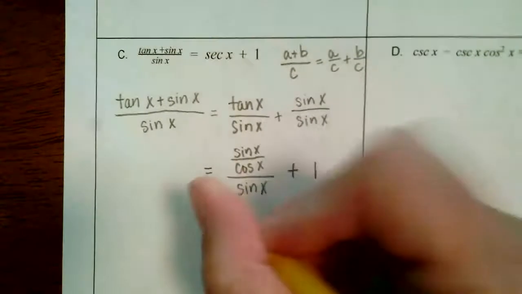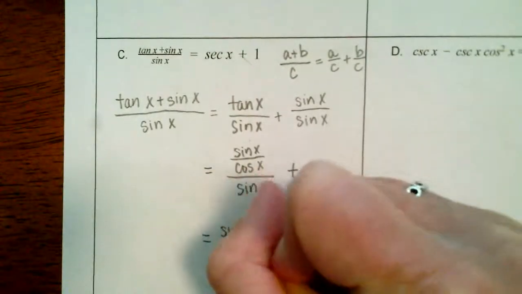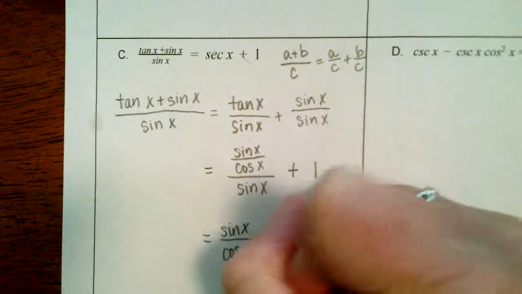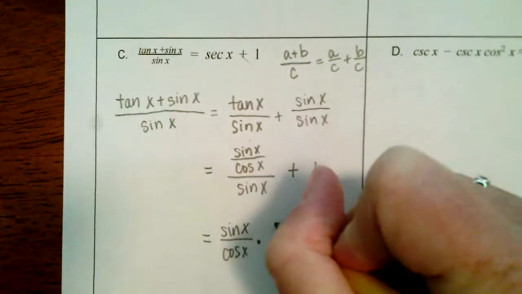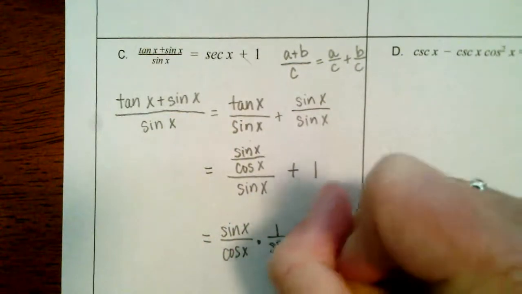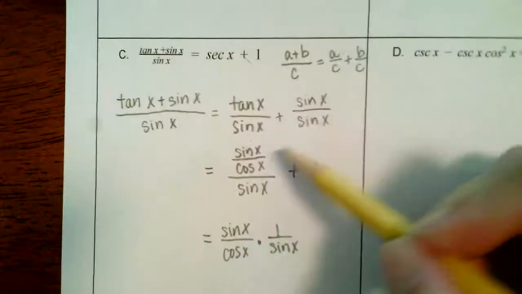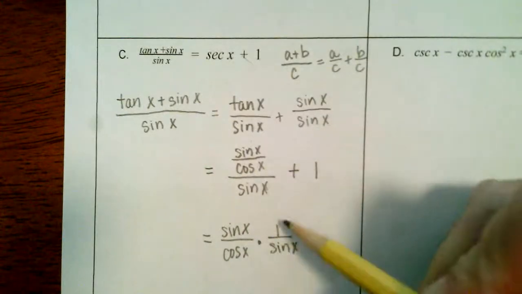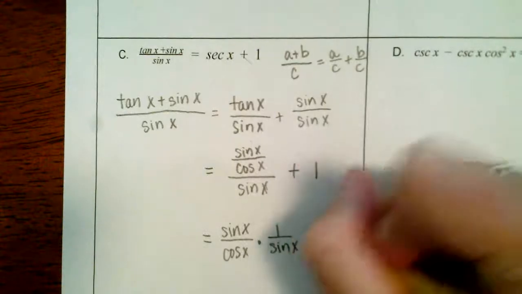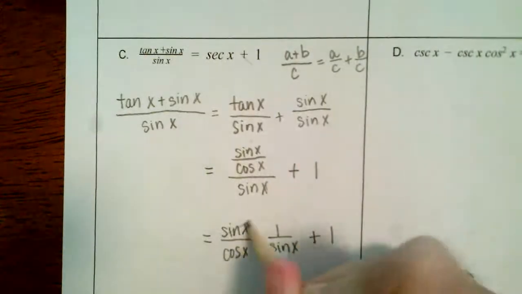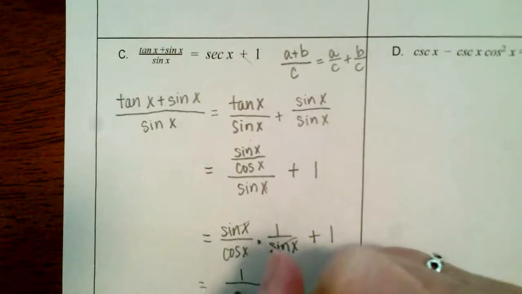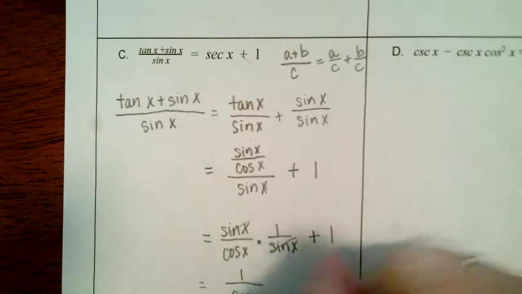If you don't see that, you are rewriting this as sine of x over cosine of x times 1 over sine of x. Okay, we're dividing by sine of x, so that means we're multiplying by the reciprocal. So my sine of x and sine of x divide out. I'm left with 1 over cosine x plus 1.